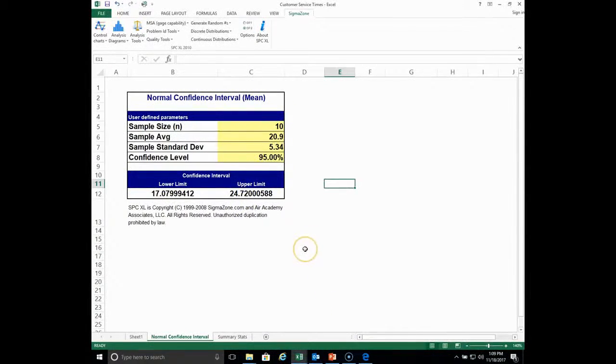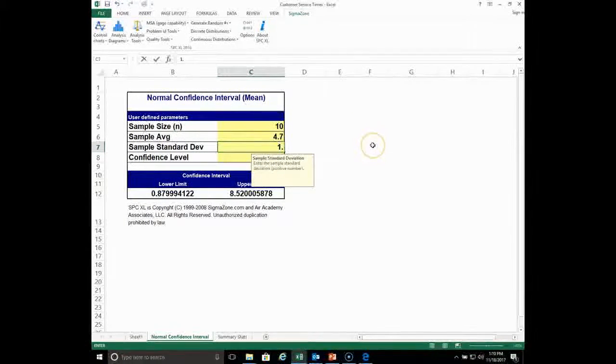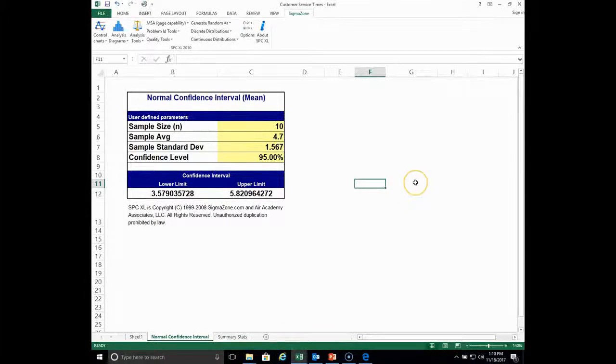Now let's go back to the little Plinko probability simulator where our sample sizes were always also 10, and the first sample we got was 4.7 average, and the standard deviation was 1.567. And now a 95% confidence interval goes from 3.57 to 5.82.